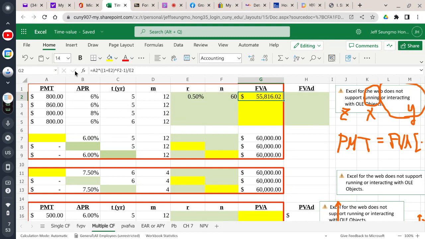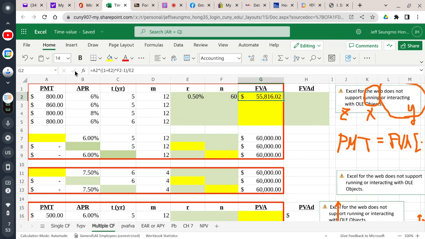Why did we do this? We did this because you have a plan for graduate school, and you need $60,000 to pay for it.